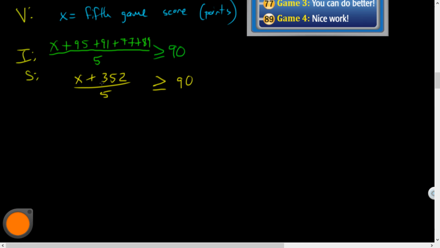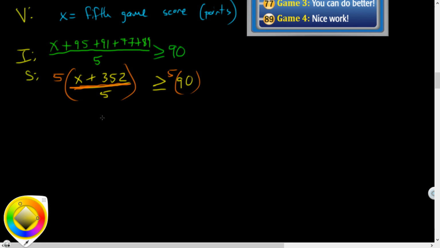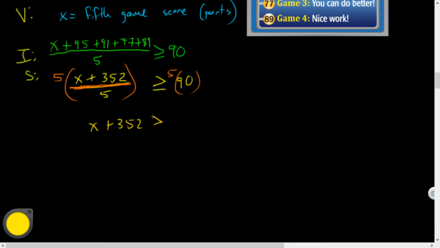I can't subtract 352 from both sides. It's trapped in the numerator of a fraction. What's the inverse of dividing by 5? Multiply both sides by 5. Do I have to flip that inequality? Nah, I don't. I'm going to have x plus 352 is greater than or equal. The reason that happened is because this 5 and this 5 cancel out. 5 times 90 is 450.